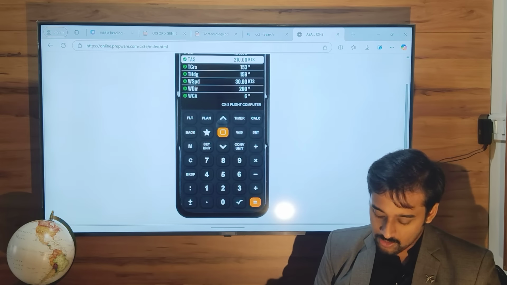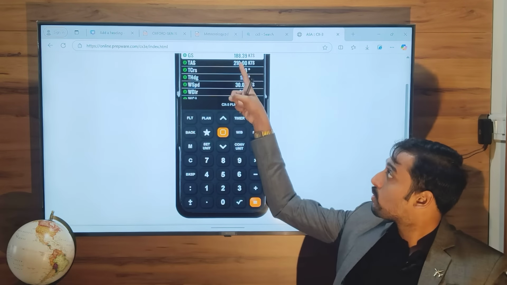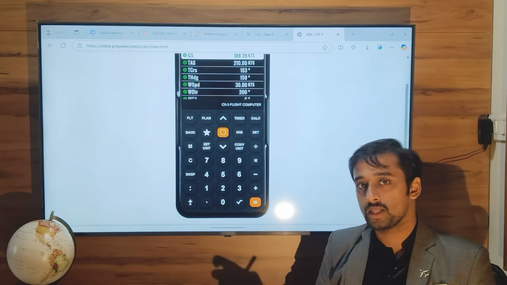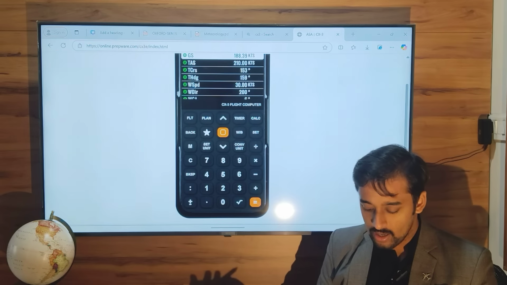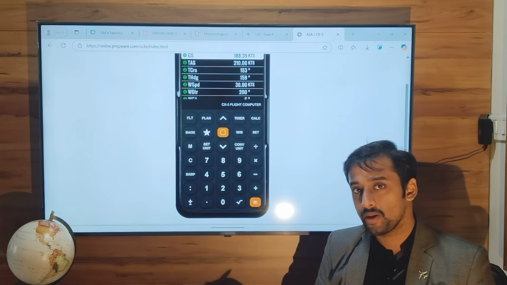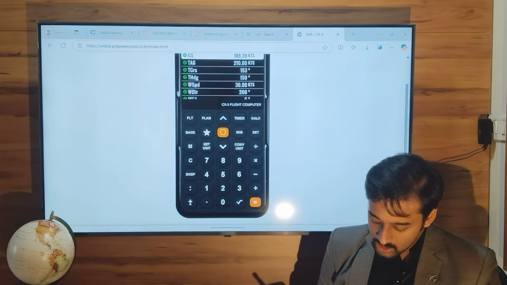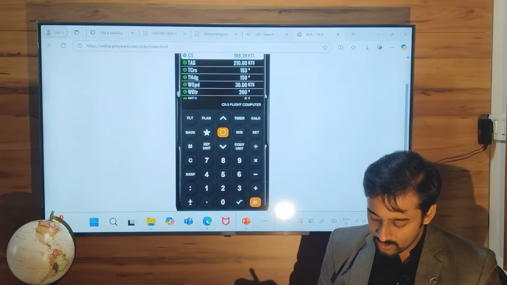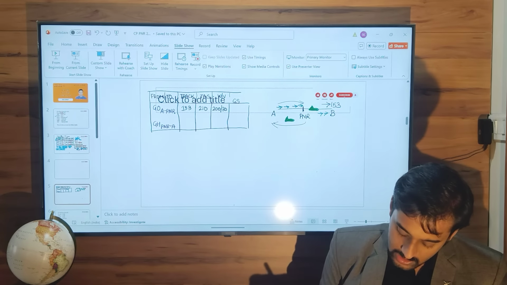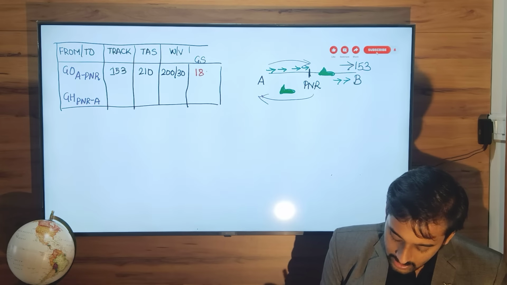So your total ground speed will be in this case 188.39. So we can take it to be 188 or we can take it to be 189, whatever you want. Now we will take it as 188 only. We will not round it up to the next higher value.